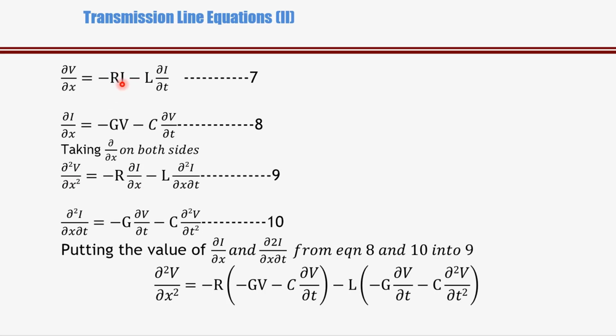I have to take the derivative of I here, minus L, already there is a derivative with respect to time t, again I have added a derivative with respect to x, so it will become dou 2 divided by dou x dou t, equation number 9. And similarly here dou 2 I by dou x dou t for this equation.